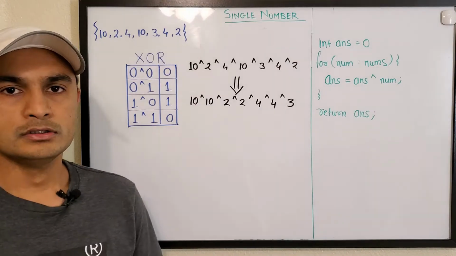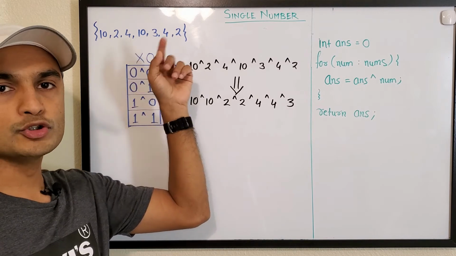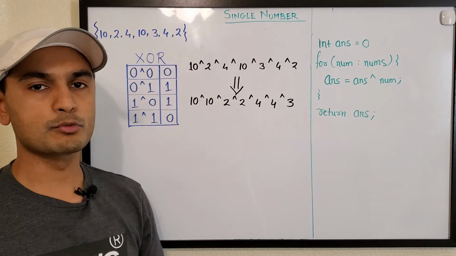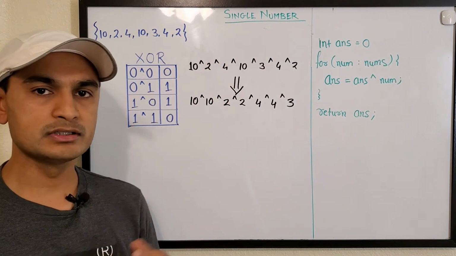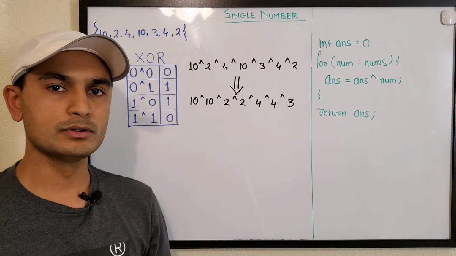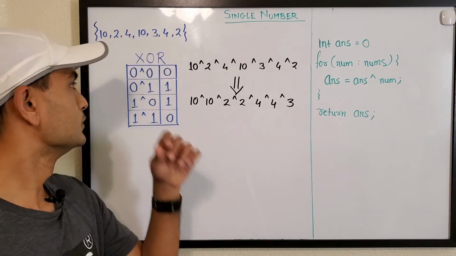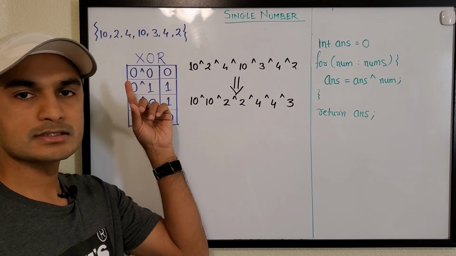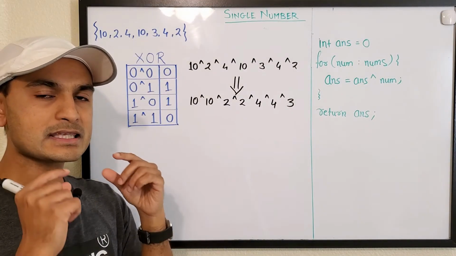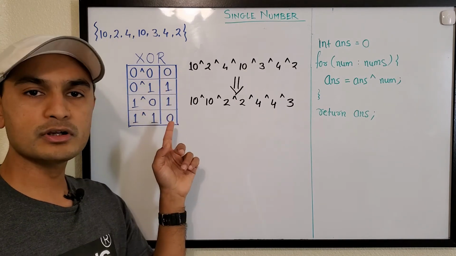Okay. We'll take this sample array 10, 2, 4, 10, 3, 4, 2 for our single number problem. So to solve this problem, we'll be using the XOR bitwise operator. So let's quickly look at the truth table for the XOR operator. What XOR does is, if you XOR same bits like 0, 0 or 1, 1, then the output is 0.